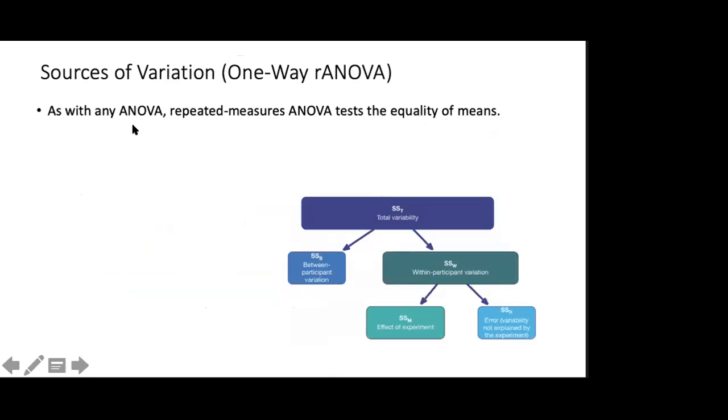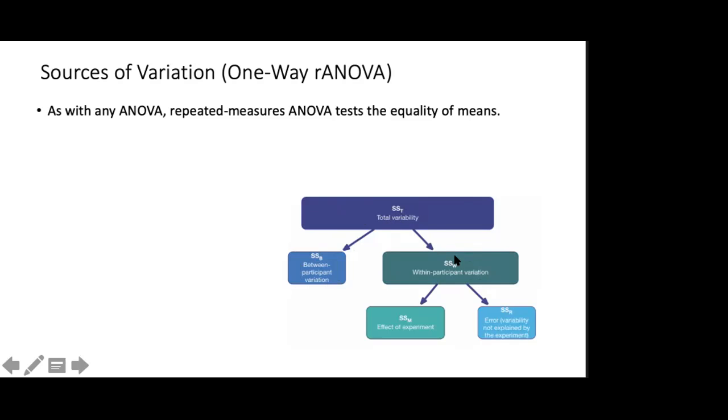Okay, so for the repeated measures analysis of variance, the breakdown of our variability is different than for our factorial and one-way ANOVA. We start again with the total variability, right, but instead of breaking it down into model variability and residual variability, we break it down into between subject variation and within subject variation.